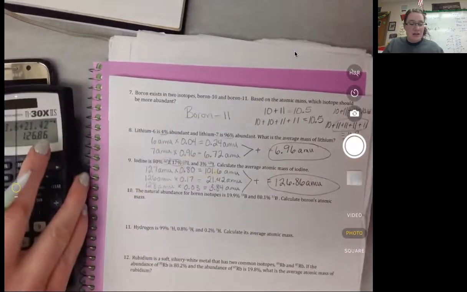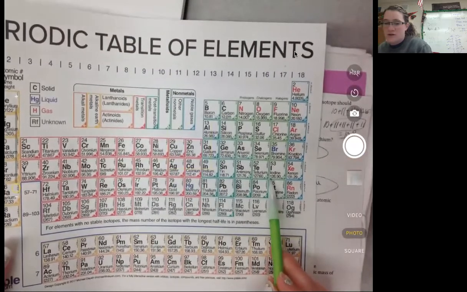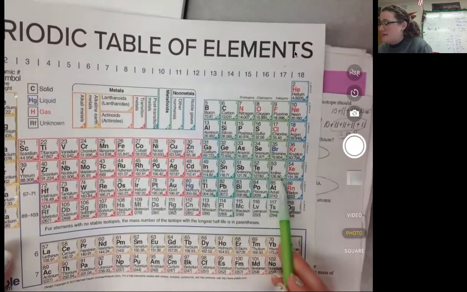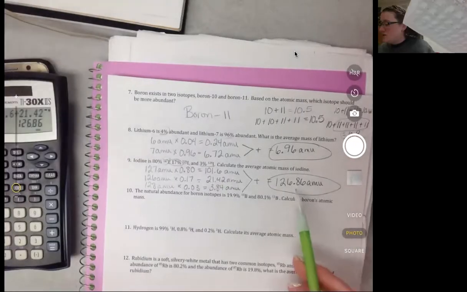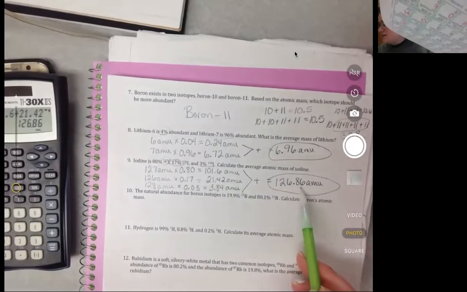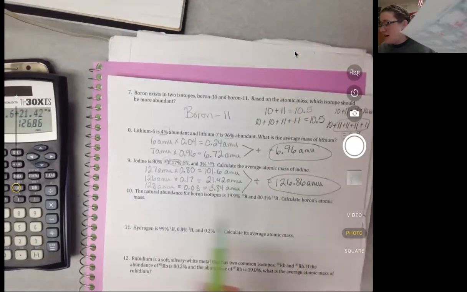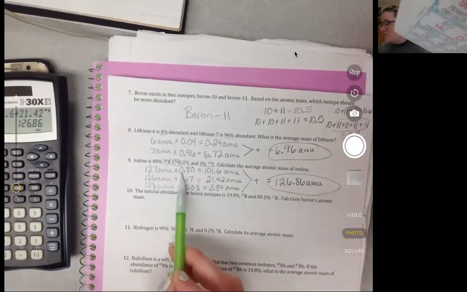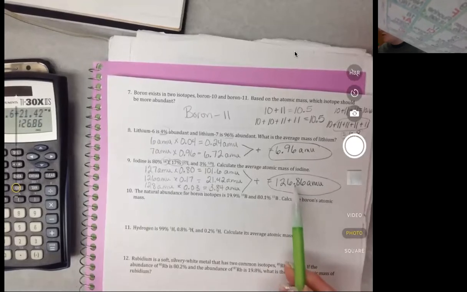Again, looking at my periodic table, the atomic mass was reported as 126.90, so we're really close. 126.86 is really close to 127. We see that 127 is our most abundant, and that's why the average is closer to 127.